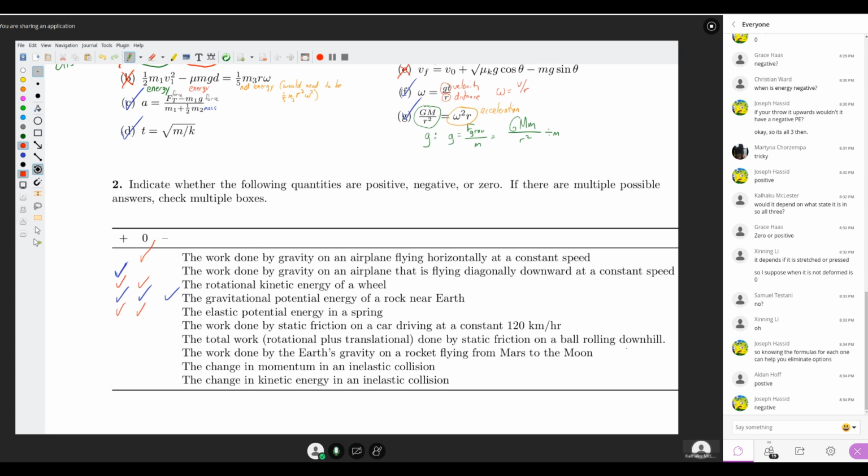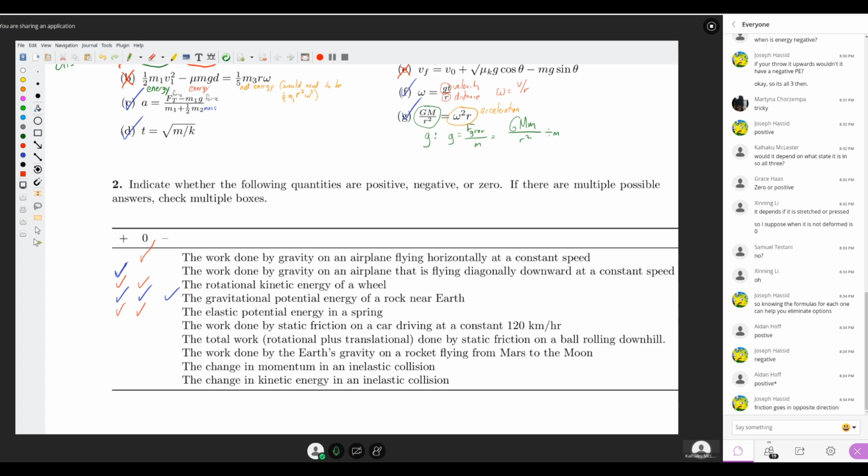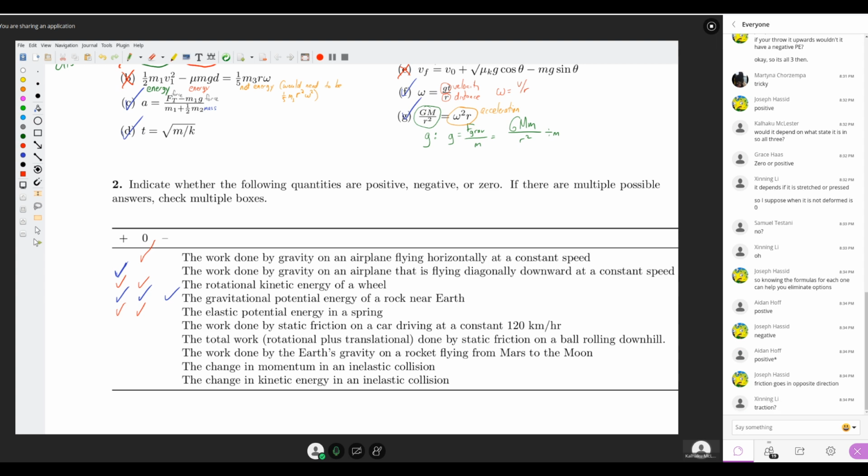Okay, so Aiden and Joseph, why don't you tell us why you said either positive or negative? Okay, so Joseph is saying friction goes in opposite direction of motion. Is that always true? Yeah, Lisa said, but friction here can be traction.